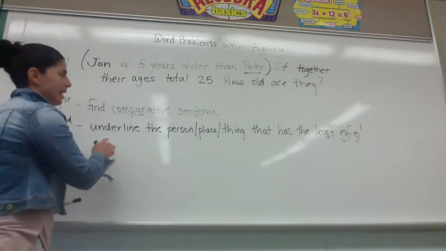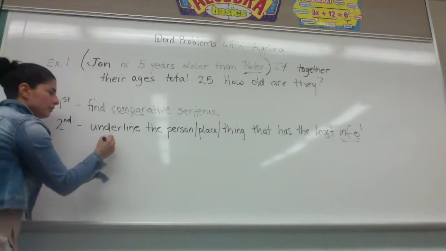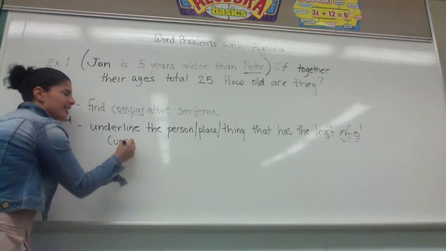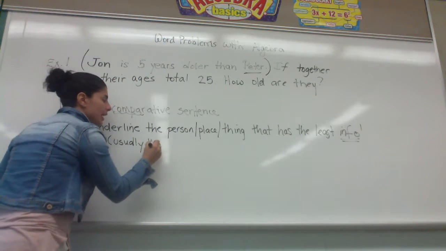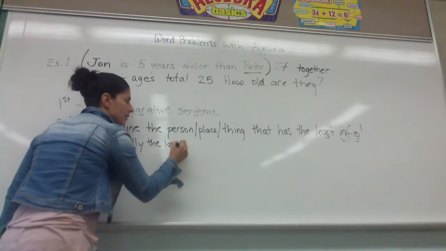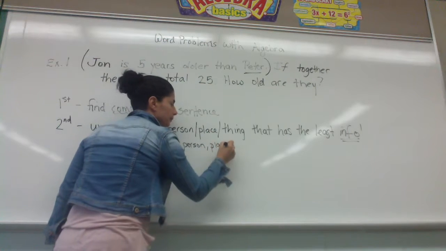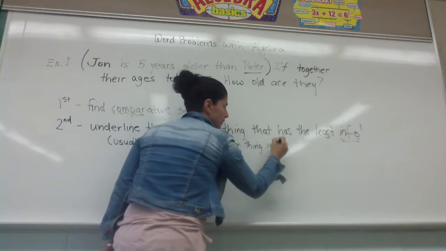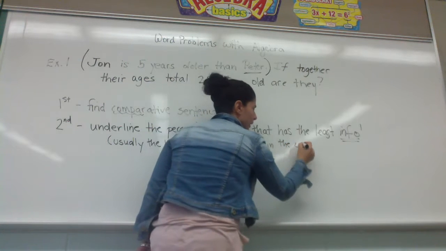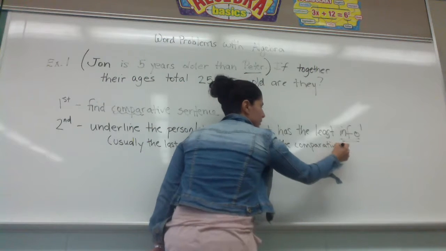Now, when I say underline the last person, one of the hints is that it's usually the last person, place, or thing in the comparative sentence. So that's just a little trick to help.